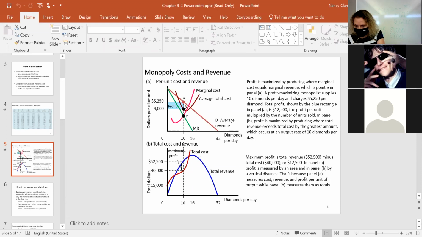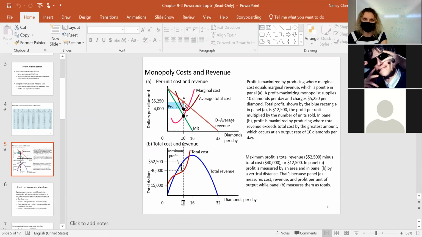We actually are going to find total profit, maximum total profit, the same way that we did in the last chapter. We're going to try and find the greatest vertical distance between total cost and total revenue when total cost dips below revenue. That's going to give us our maximum profit. And you can see in this case, it happens at a quantity of 10.